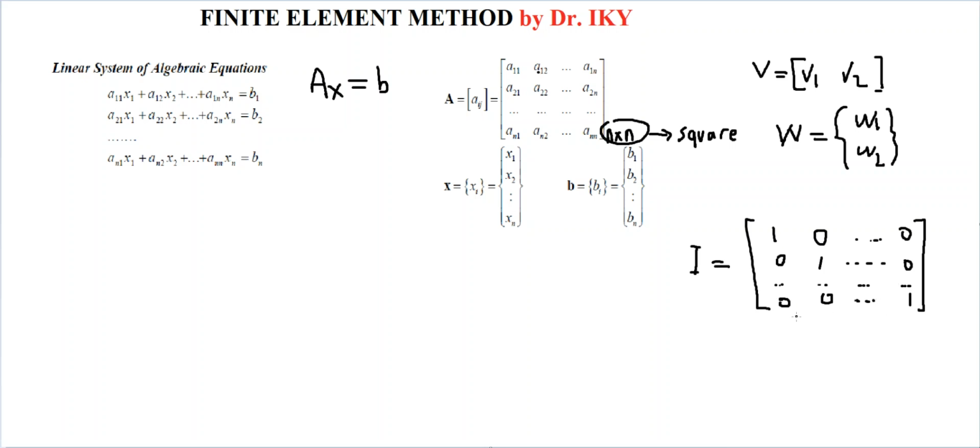So we have to know that this is called the identity matrix or unit matrix.